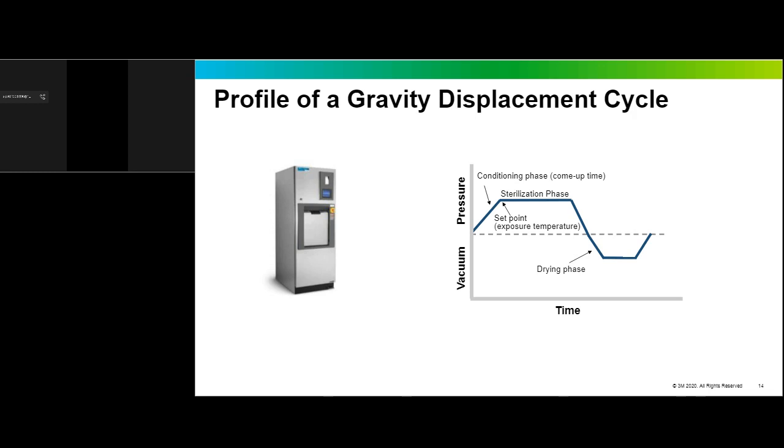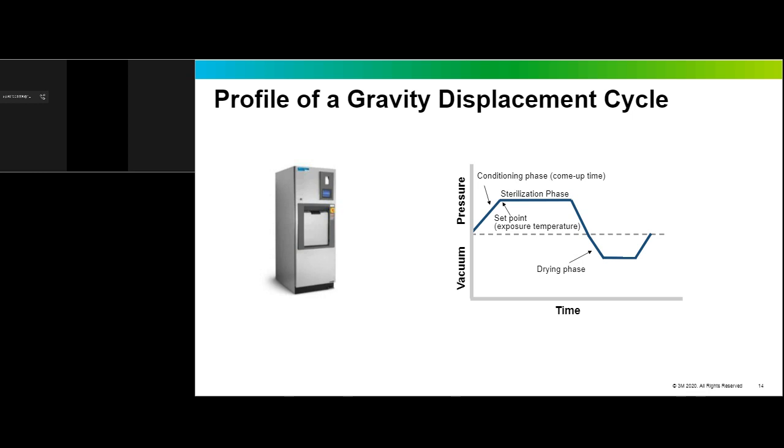So on this slide is a graphic representation of the gravity displacement cycle. The dotted line represents atmospheric pressure, so our pressure in the room, and the graph shows pressure as a blue curve as a function of time as we go through the sterilization cycle.